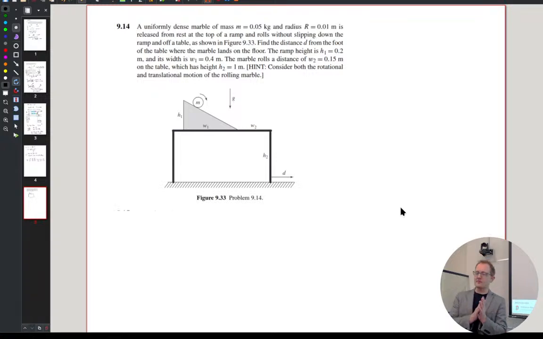Okay, next problem that we're looking at is a marble. It rolls down a ramp, hits the table. Now it starts rolling across the table, and then it falls off the table. After it falls off this table, it's going to go some distance and land here.